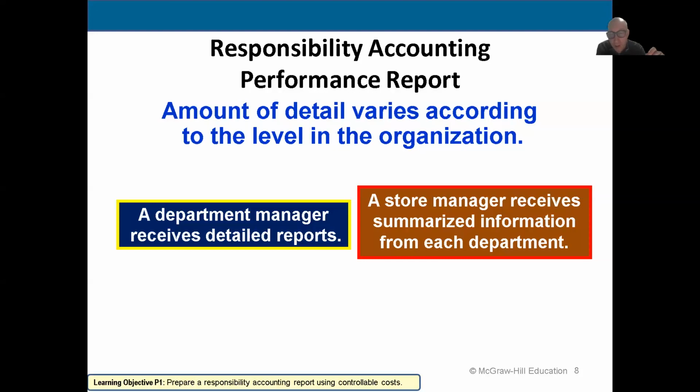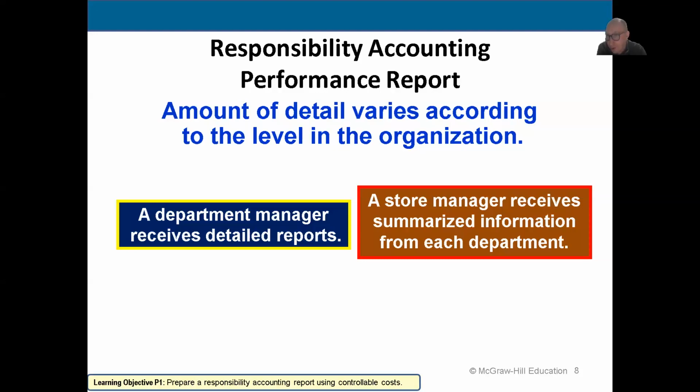For example, the jewelry department manager at Macy's has the ability to see how well each of their jewelry line items, jewelry SKUs, whatever you'll call them, how well each of them are selling. How well are my watches selling? How well are my bracelets selling? How well are my rings selling? How well are my etc.